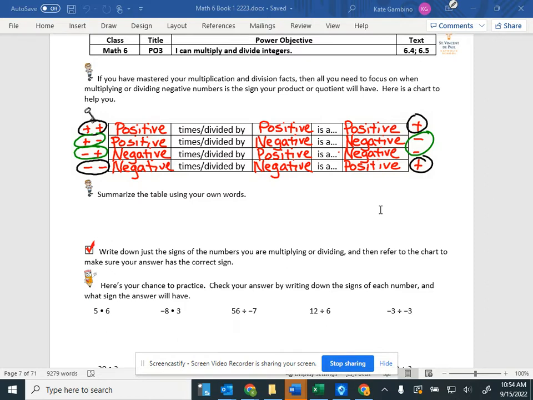So now we're going to summarize this table using your own words. So I'm going to write what I just said. Same signs, not terms, same signs. Answer is positive.